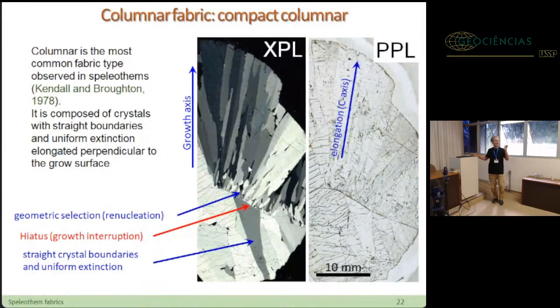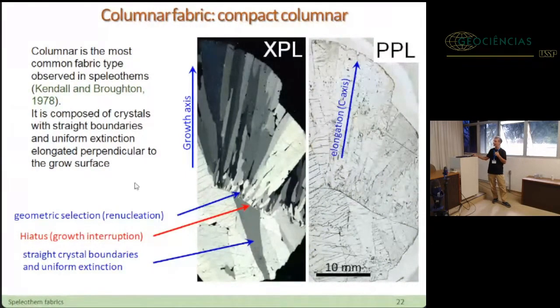Of course, when we have a nucleation horizon, like here, this is a growth interruption, a hiatus of a few thousand years. And of course, along the hiatus, we have tiny particles that act as nuclei. So the speleothem has to renucleate and start again from that surface.